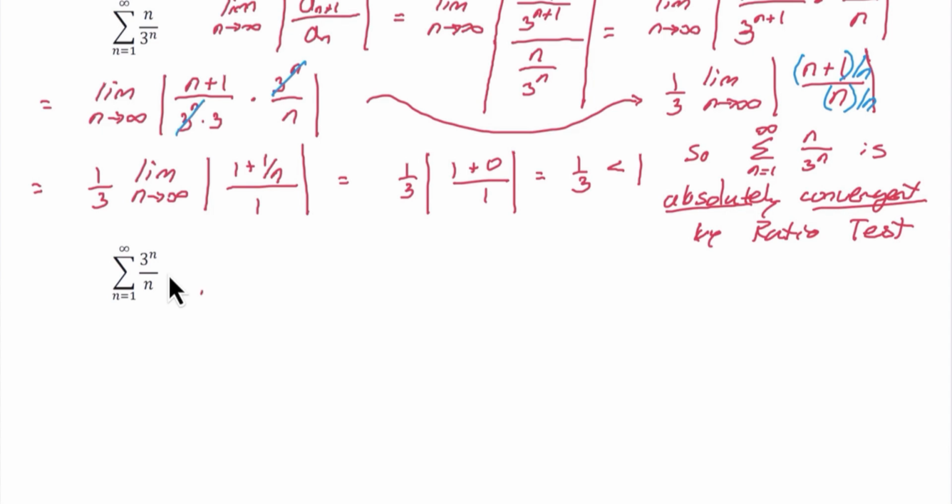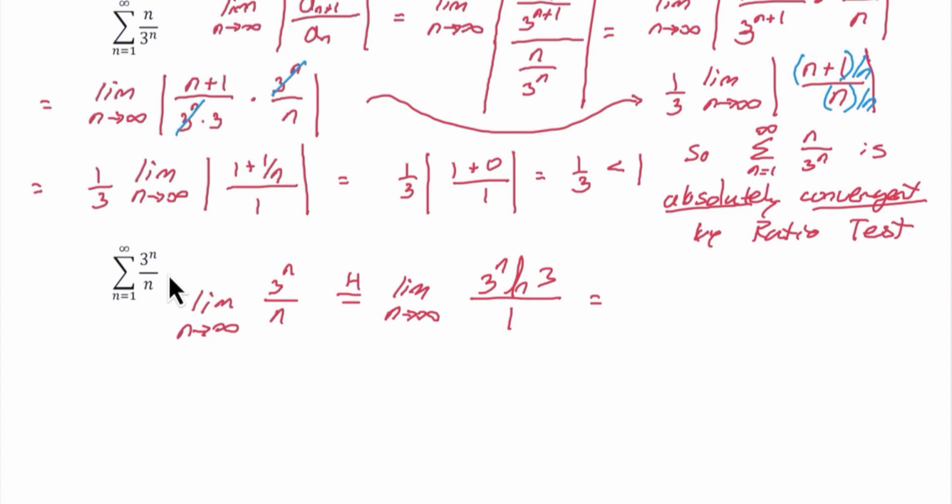We have the limit as n approaches infinity of 3 to the n divided by n. We'll need to use L'Hopital. So we'll take the derivative of the numerator, 3 to the n ln 3, divided by the derivative of the denominator, 1.